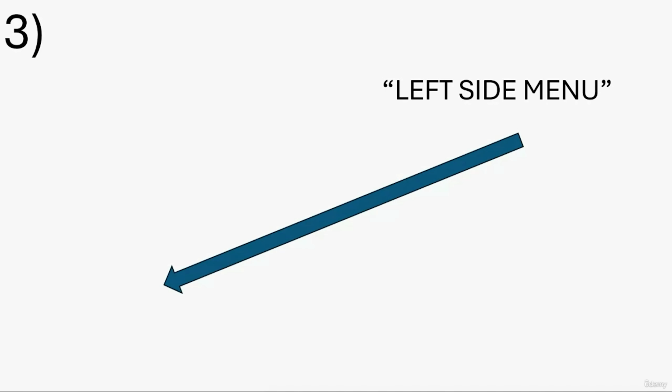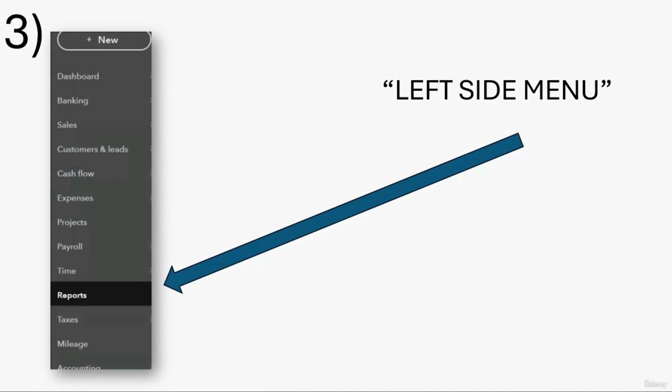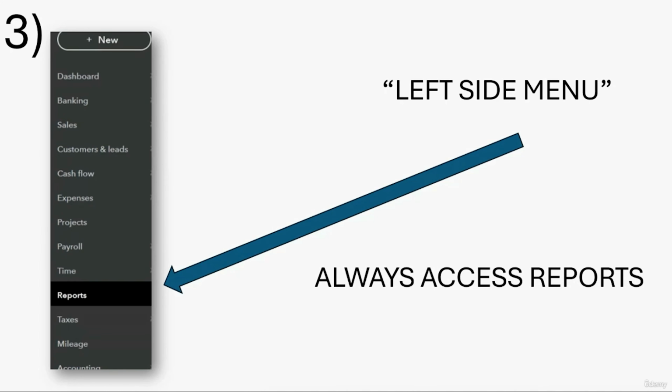And thirdly, there will always be a list of menu choices on the left in the place that I call the left side menu. And this is very important because even though a lot of the left menu choices are repeats of windows you can open from the other 2 places, this is the only place that you can access the QuickBooks Online reports.